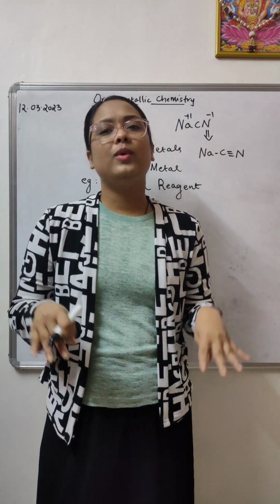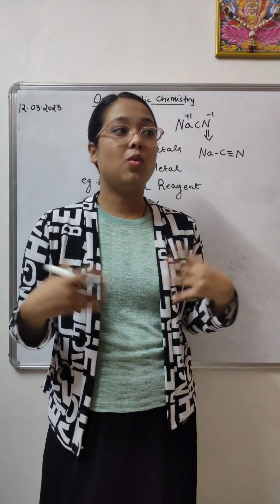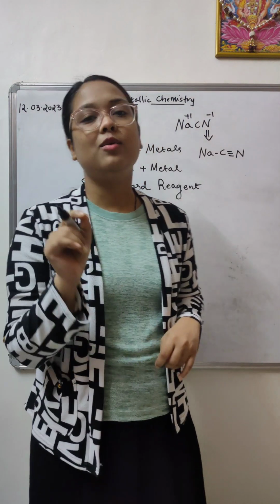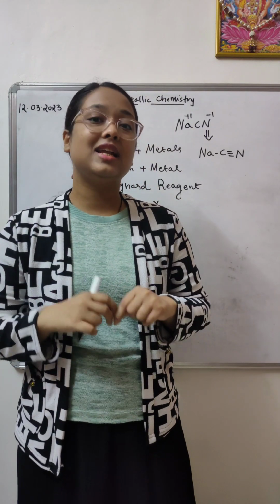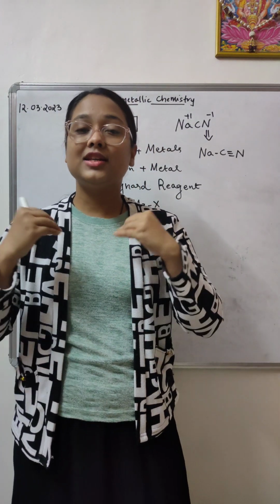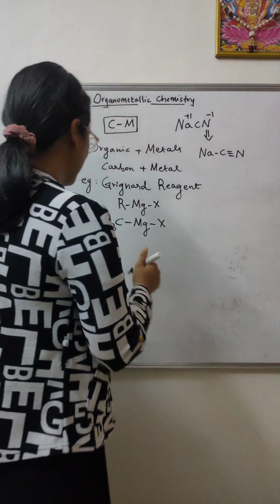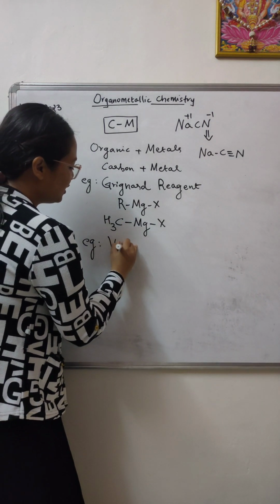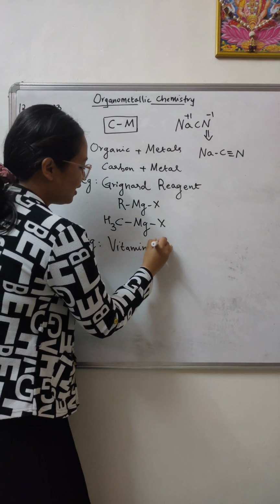Now, why do we have to study organometallic chemistry? What are its applications? Can anyone give me an example of an organometallic compound which is present in our living system? Any compound which has a metal-carbon bond, extremely essential for our biological system. What is it? Another example I can give you all, you must have heard about this: vitamin B12.